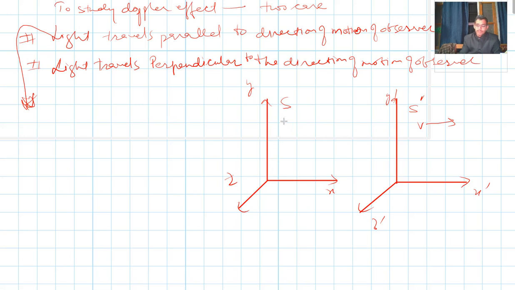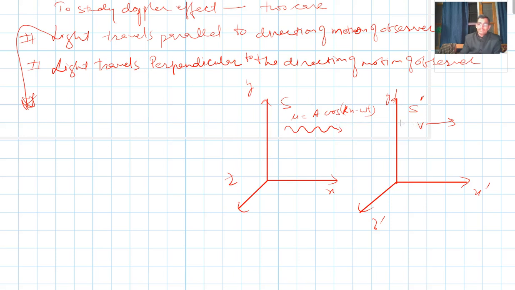Say a pulse or a plane wave of electromagnetic wave is emitted here, and say it is represented by A cos(kx minus omega t). It is the plane wave representation of the wave emitted from here. But the observer is moving with velocity v in the S prime frame, so how does its frequency seem in this frame of reference?